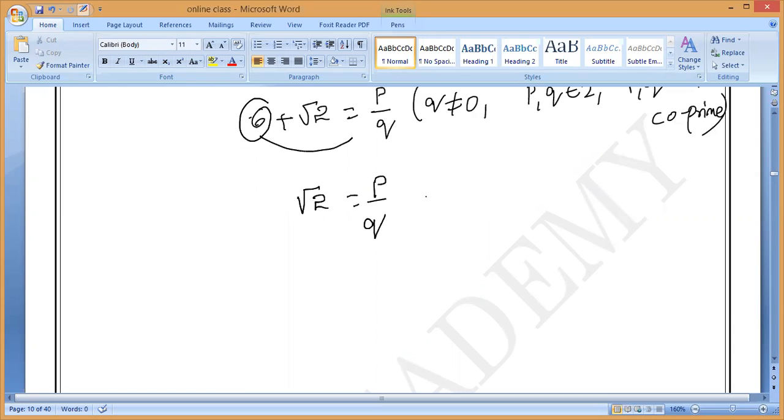So what is answer? Take LCM. Root 2 is equal to P minus 6Q by Q.